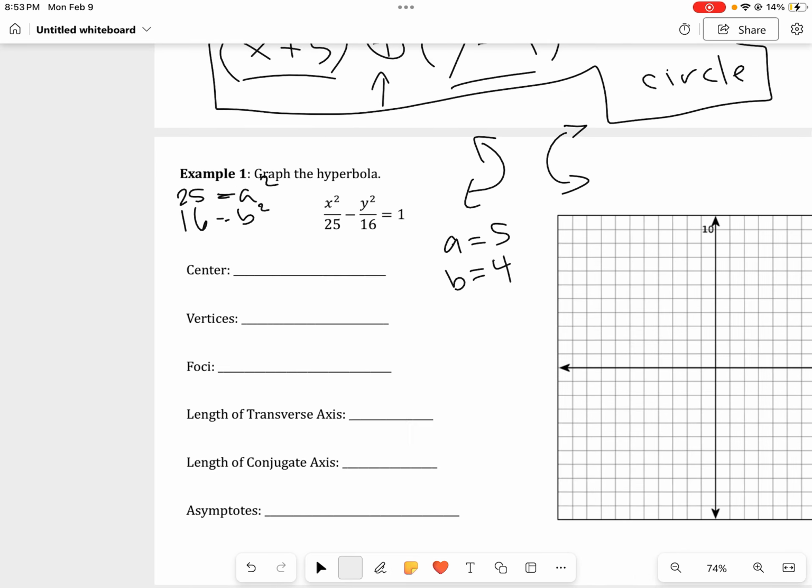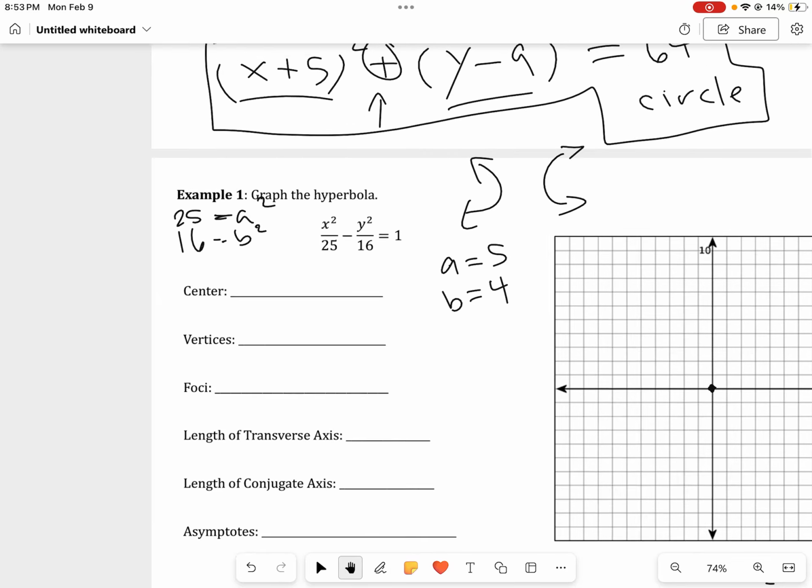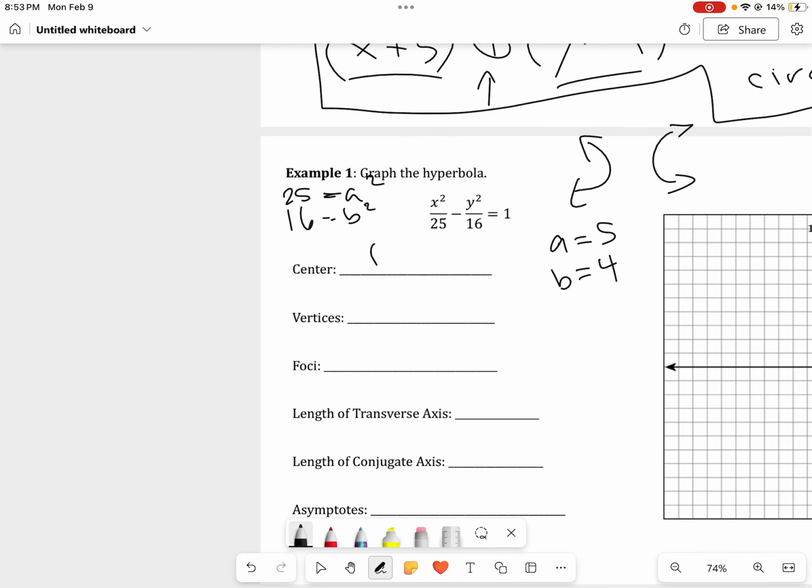Now, usually we'd have a term here like x plus something squared, y plus something squared, minus something. But we don't, so it's really easy. Our center is at the origin, right there. That means our center is just going to be 0, 0. Nice and easy.